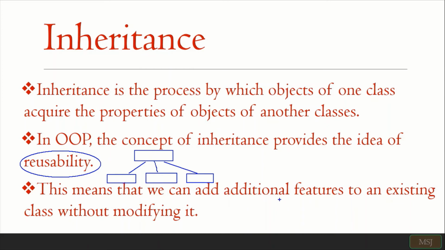This means that we can add additional features to an existing class without modifying it. Here, the parent class has some attributes and operations, right? And here the child class or the subclass can add some other features, extra attributes and extra methods, to the already inherited attributes and inherited methods.